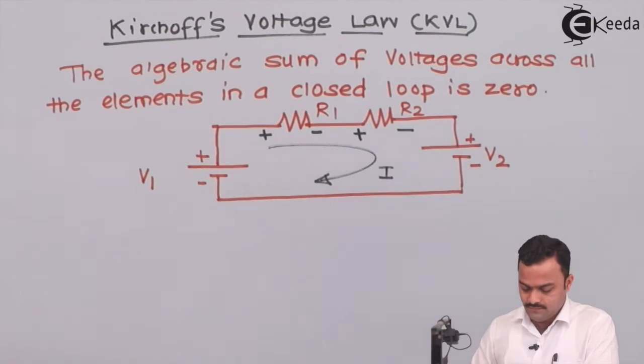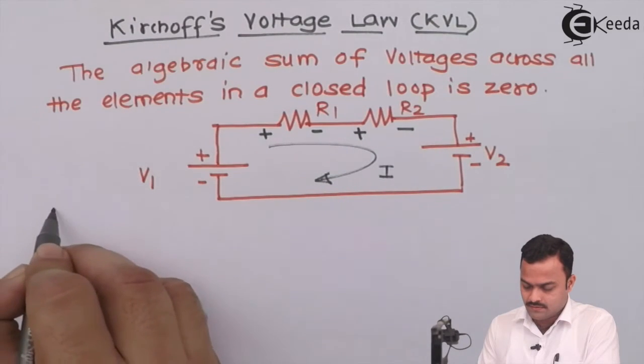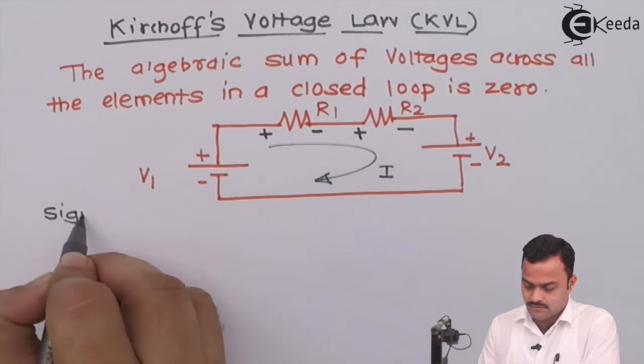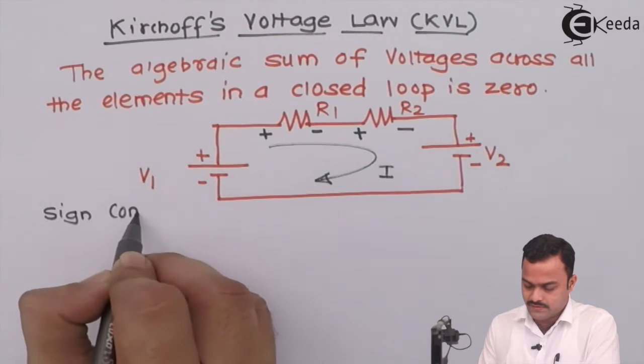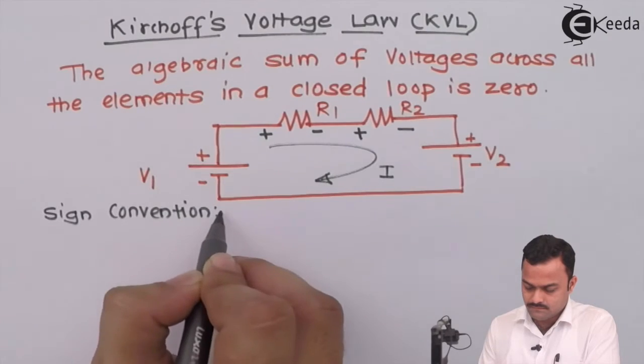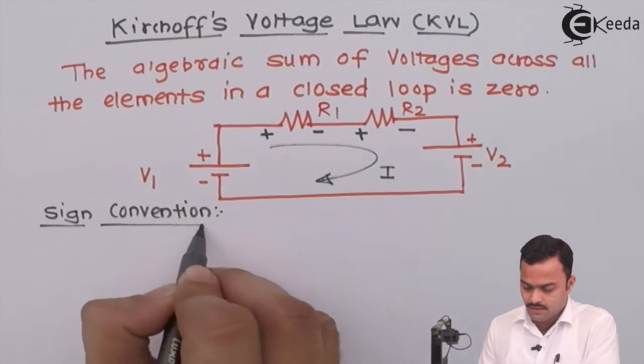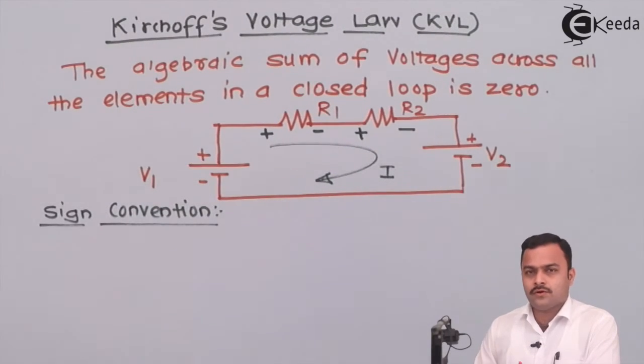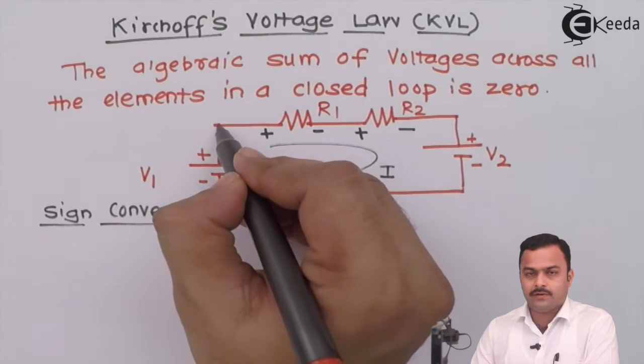Now here we need to consider a sign convention. Let's list out the sign convention we need to follow. To close a path, we are going to start with one particular point.